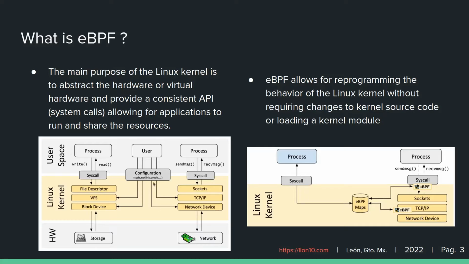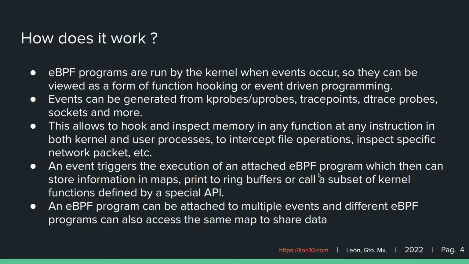In Linux, with a system call, you could interact with the different hardware that you have, but in this case you can bypass the Linux modules by using eBPF programs. This is a complex subject, but let's just continue.